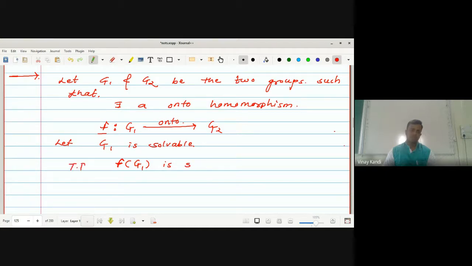We have to prove that f of G1 is solvable. But this function is onto, which implies f of G1, the range set, is equal to the codomain. That is, G2 is solvable. So we have to show that G2 is solvable. Now it is clear.